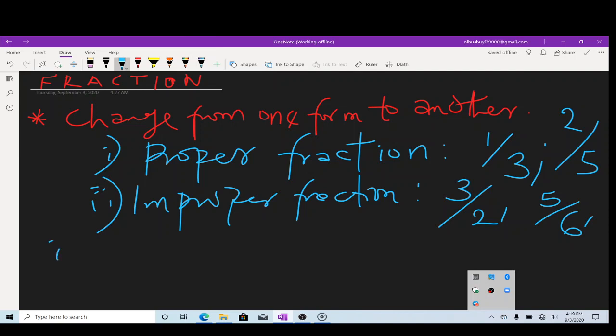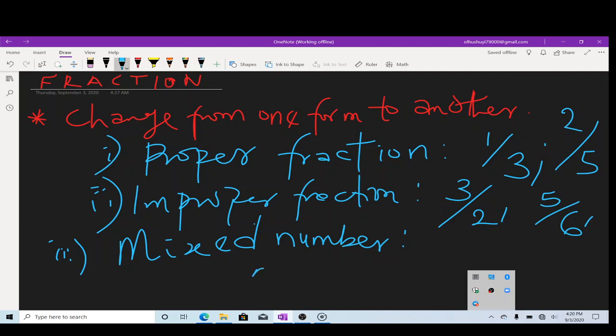And we also have the third, which I called mixed number. Call it mixed number when you have a combination of both whole numbers and fractions.